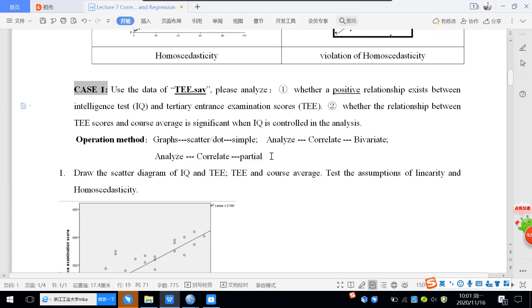People think the higher the IQ, the higher the TEE scores and the course average. So if the students' IQ is controlled, that means the impact of IQ is controlled, then the TEE score and the course average have no significant relationship.